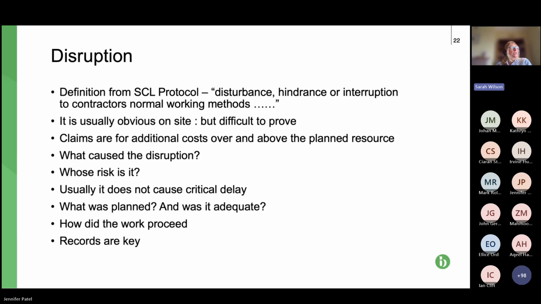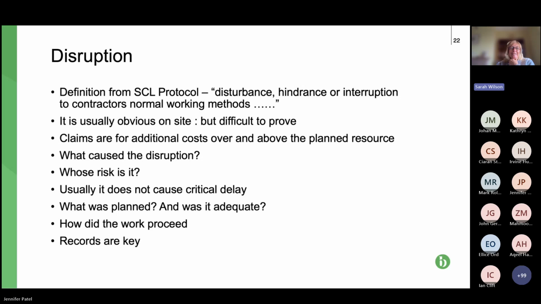So disruption. Where a delay has to be critical delay, so it impacts on the completion date, disruption, as it says on the first bullet point, is defined by the Society for Construction Law, the SCL protocol, as a disturbance, hindrance or interruption to contractors' normal working methods.